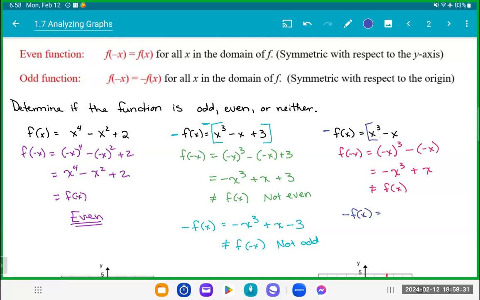So negative of the whole entire equation would be negative x cubed plus x. And that does equal what I got when I plugged in negative x for all of that, right? This is equal to that. So since that is the case, we would say that this is an odd function. Okay, question.